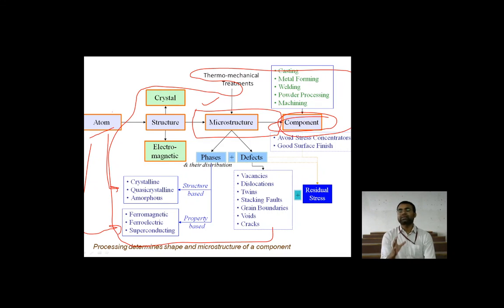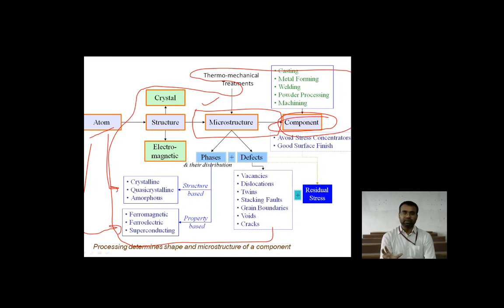We will discuss in later classes in detail the role of the structures, microstructure, phases, and defects in making better properties of any component, and these structure-based properties are defined by these structures.